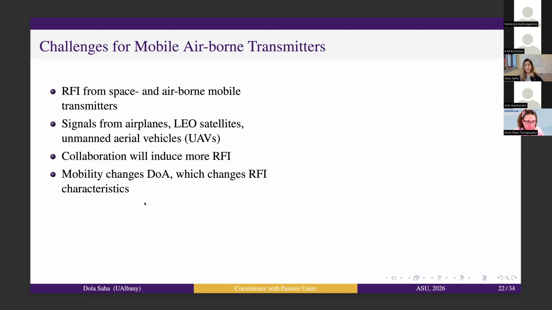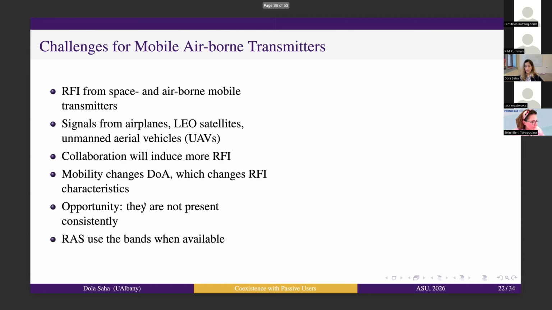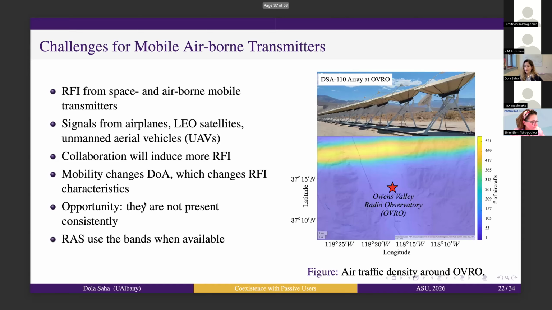So how can we handle those cases? Because we cannot just randomly collaborate over the air, because that is going to create more RFI for the radio telescope, right? So that's where we came about thinking how mobility will change the overall RFI.